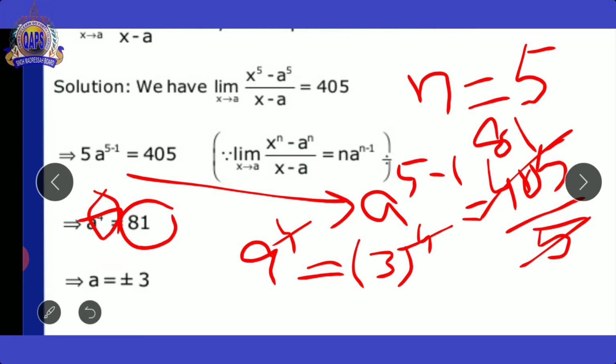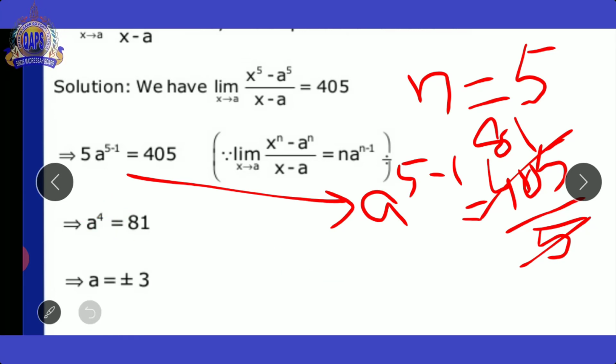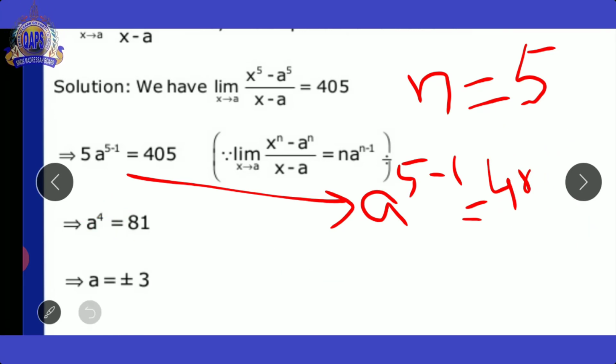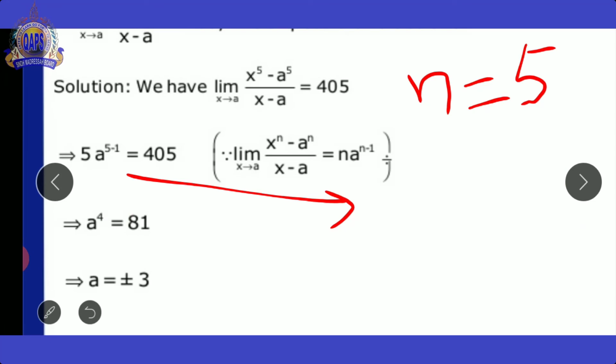Okay, so these are the terminology system of the whole given function.